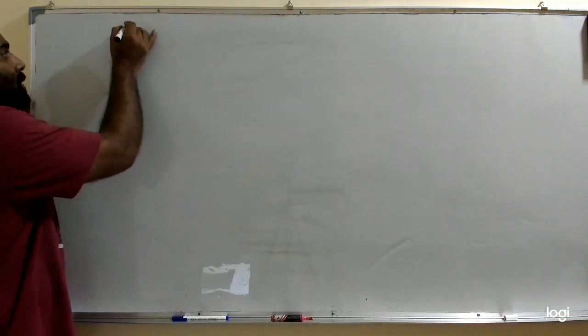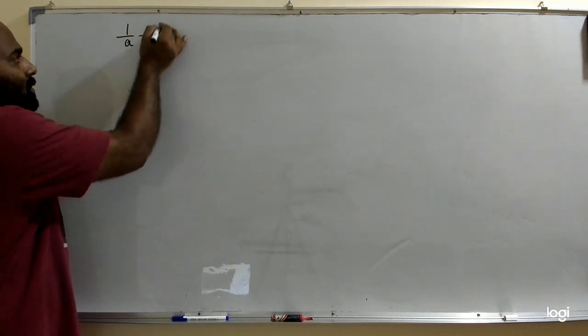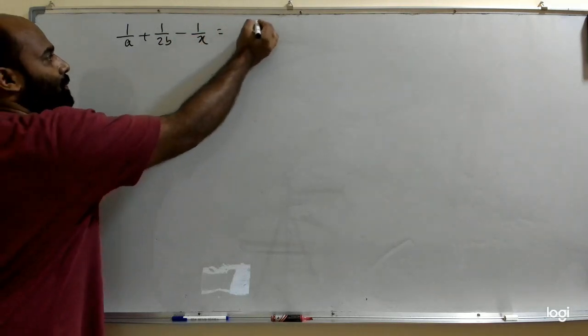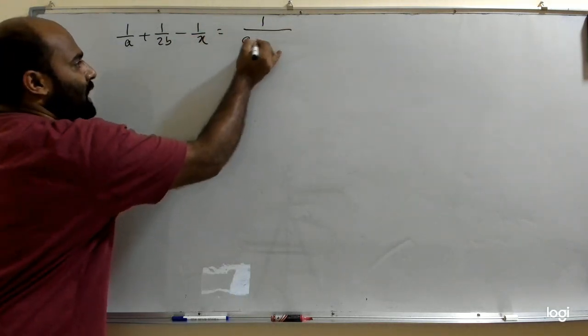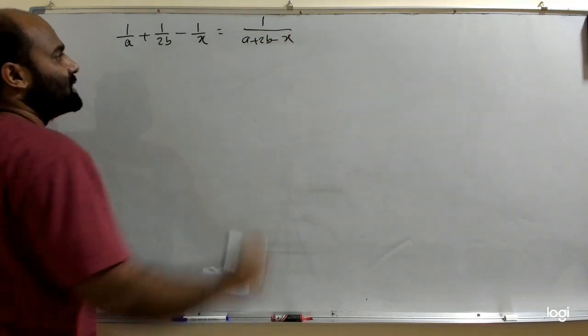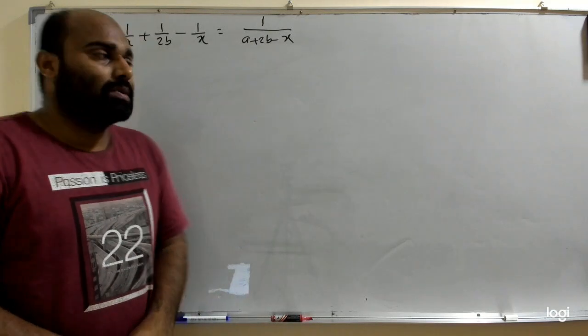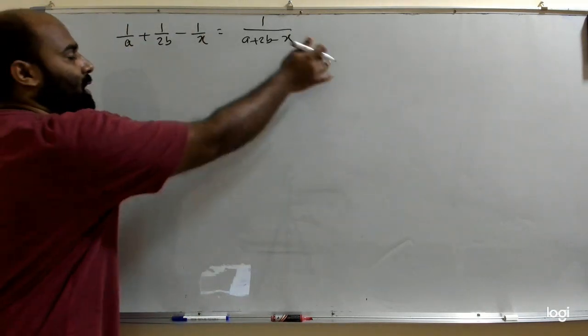Solve 1/a + 1/(2b) − 1/x = 1/(a + 2b − x). The similar way we can do it. The same procedure: minus 1/x you transpose.